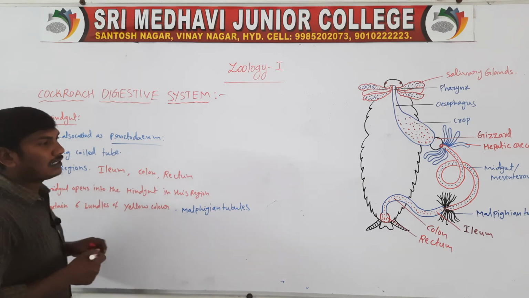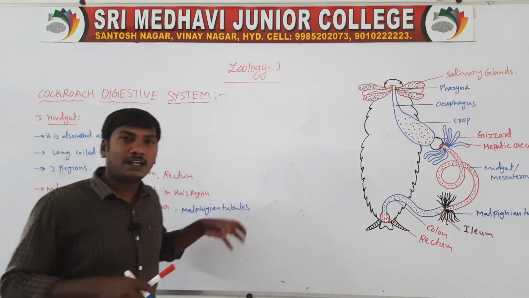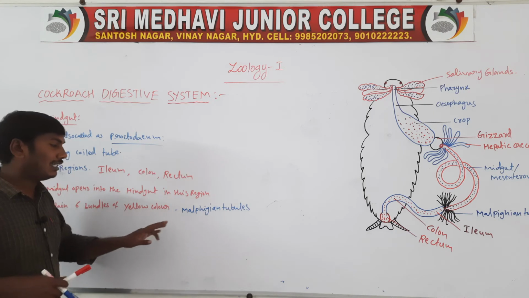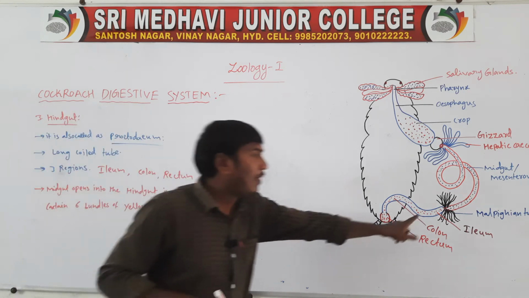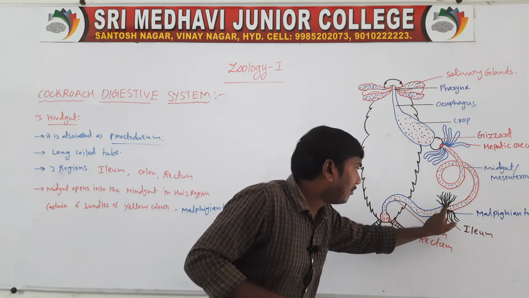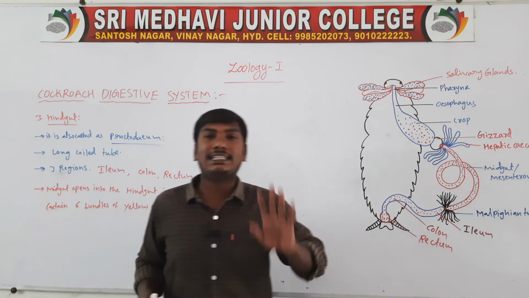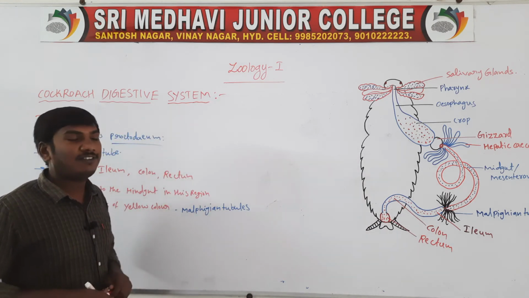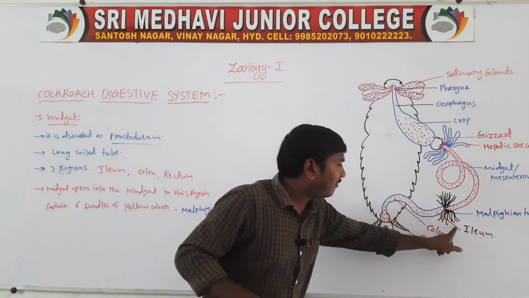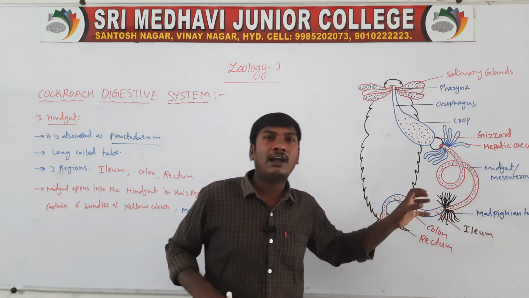The Malpighian tubules open into the hindgut. Between this region, the 6 bundles of yellow colored tubules are called the Malpighian tubules.